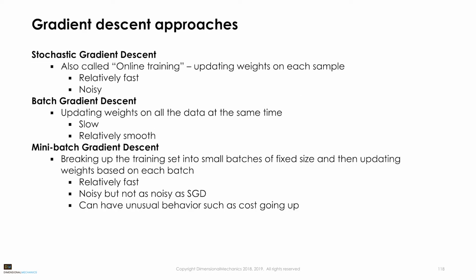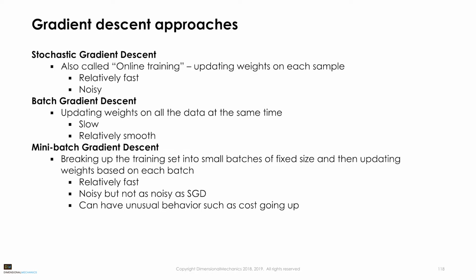Okay, I'm going to talk about a couple of the gradient descent approaches that you use. Stochastic gradient descent is also called online training. What that basically means is that every time you have a sample, it updates the weights in the system.